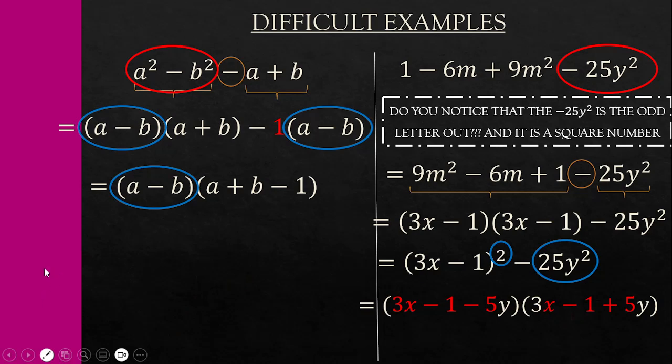So let's go and just take a pen here. This 3x minus 1 comes from one of these. And this is the other 3x minus 1. And then, if we choose a different color here, this is the minus and the plus of the difference of squares. So that's that minus and the plus.